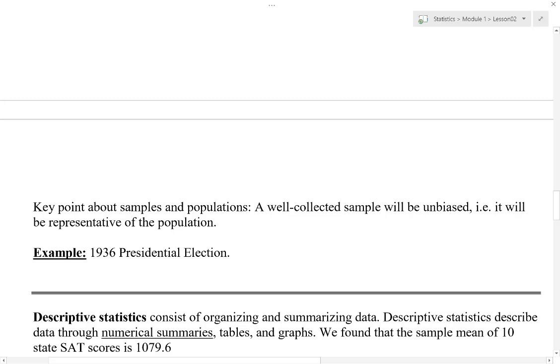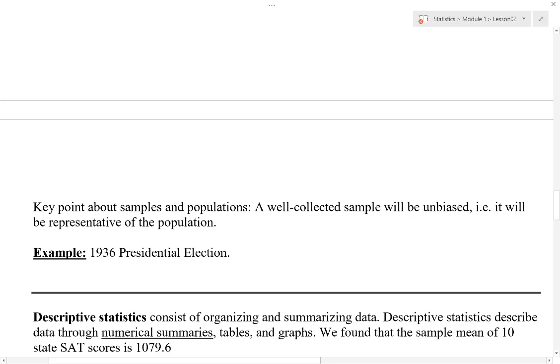You can get extremely accurate. You could get within plus or minus 3% with as little as 1,100 people. So a million is huge. So the problem is more of how they selected their sample.